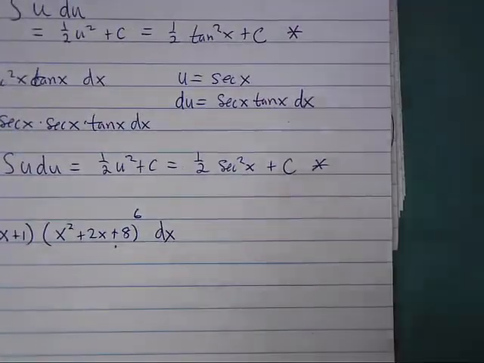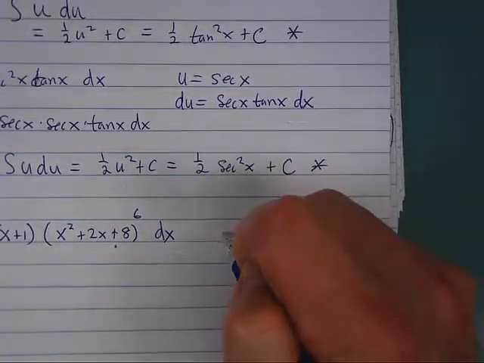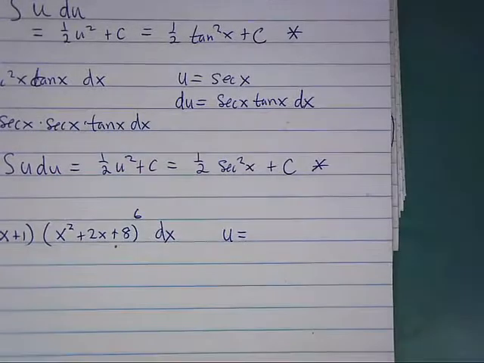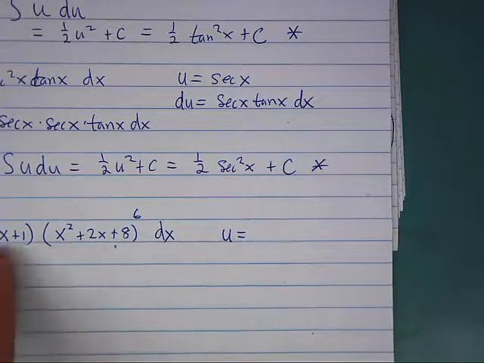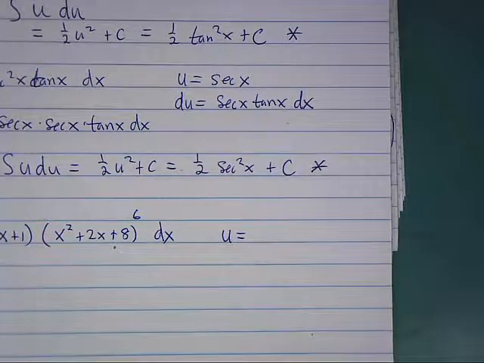All right, so I'm going to let U be something. What should U be? Why do you pick x squared plus 2x plus 8? Why not x plus 1? Exactly.